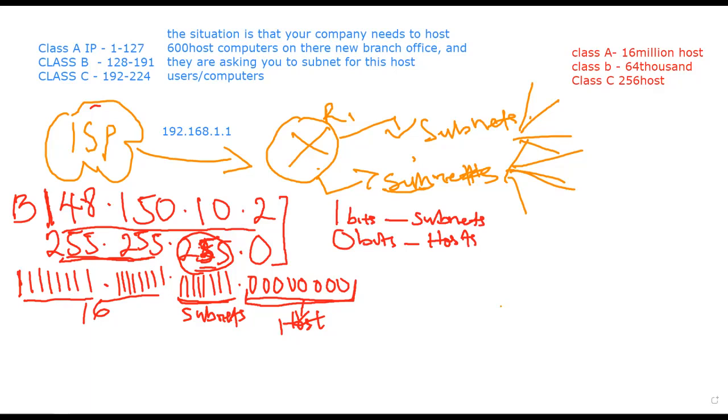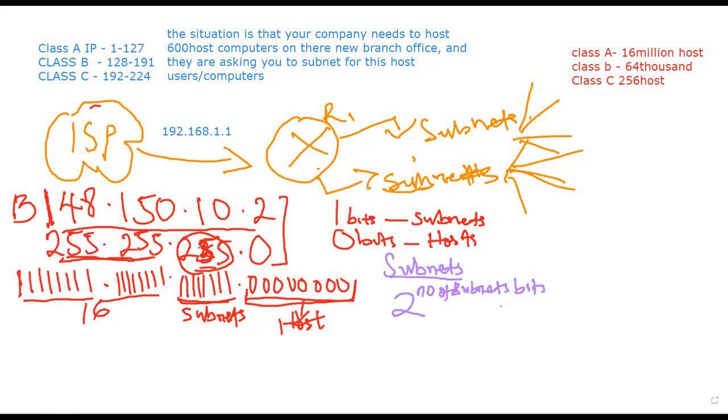Now, we have a simple formula for calculating this. For subnet, it is better we change this color this time. For subnet, we have the formula 2 to the power of the number of subnet bits.